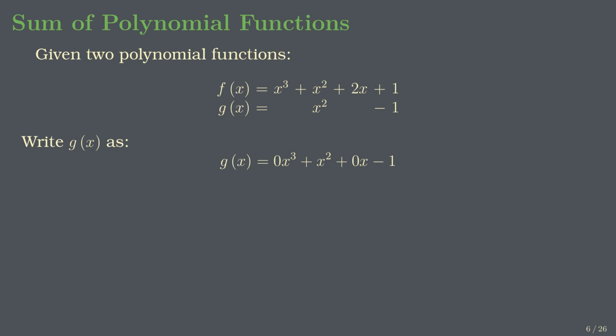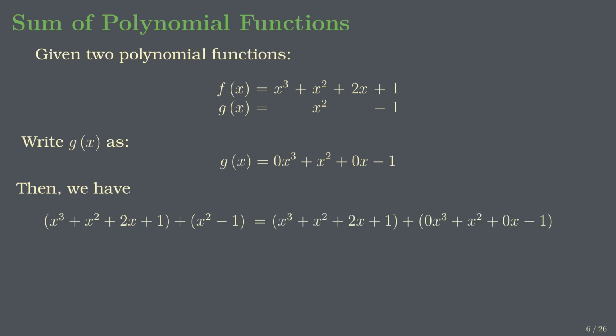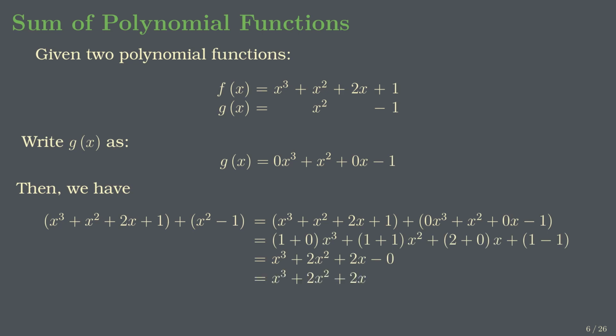Okay, so in this case, g of x and f of x now have the same number of terms, and then you can, as before, compute the sum by the very definition, pairing coefficients of the same power of x, and then simplify to get the standard form of the result.